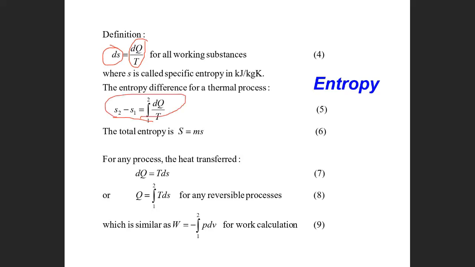And also, we can find the relationship between the change of entropy and the heat flow. From state 1 to state 2 for any reversible process, we can use the integration of temperature times differential entropy to calculate the heat flow.